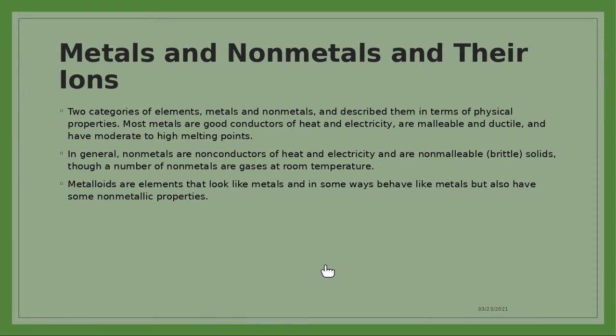Don't forget that. This is important. Metals and non-metals always want to be stable, so they give some electrons or take some electrons from other elements, and they become ions.